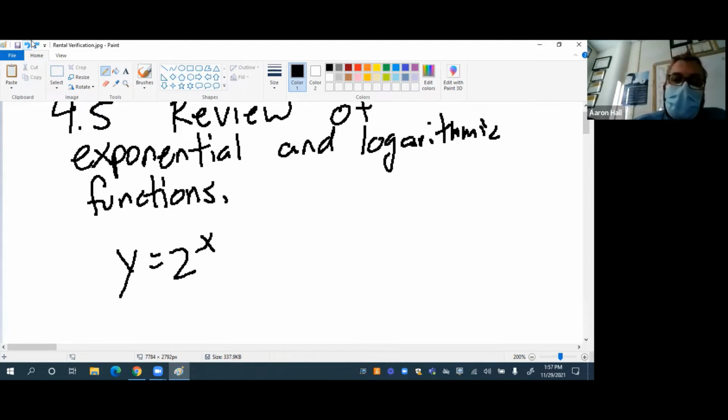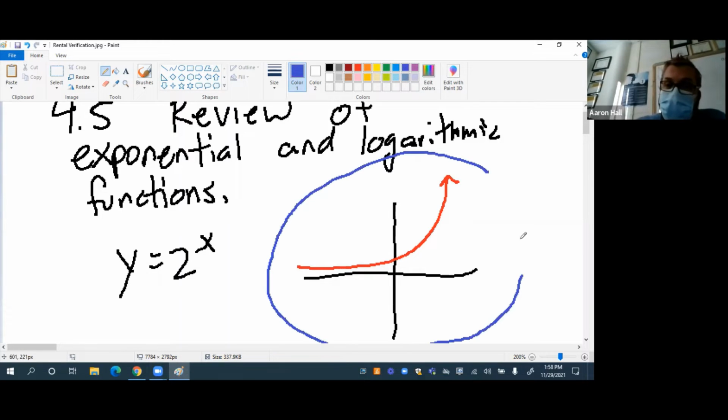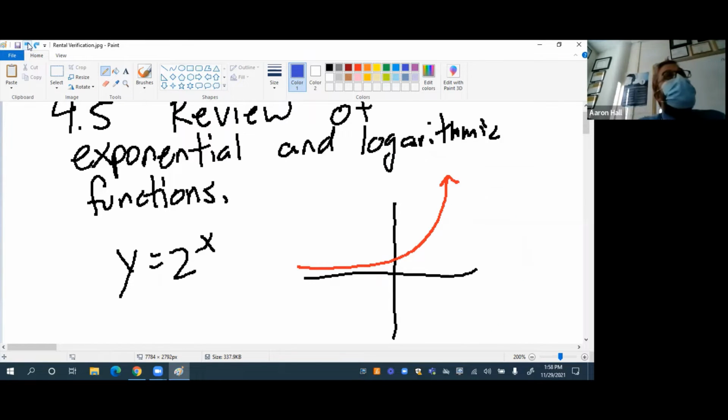When I look at a graph, how do I know that the graph is exponential and not something else like linear or cubic or quartic? What tells me that this graph right here is exponential? Andrew, any ideas?